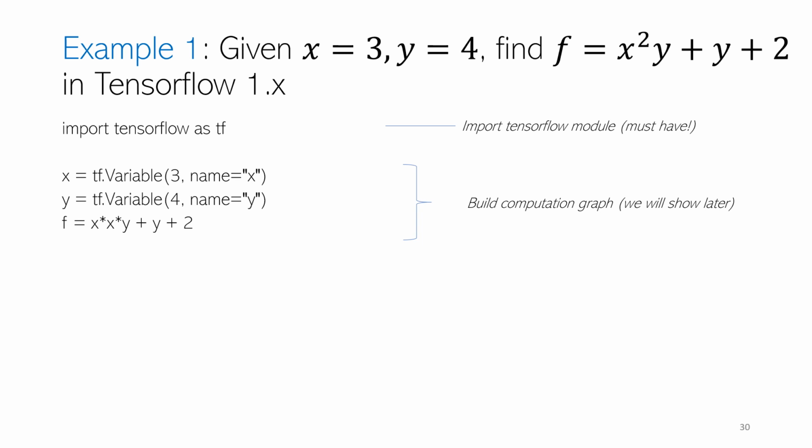Next, you create your computation graph. So what's happening here is that I'm creating two variables, x and y, with values 3 and 4, and then I'm creating another variable, f, which basically implements that function for me.